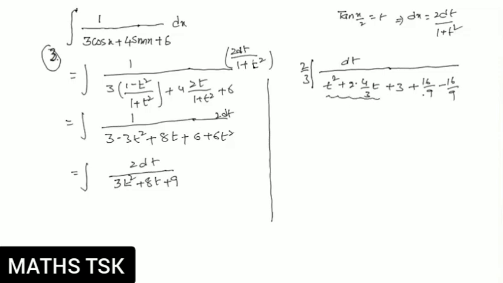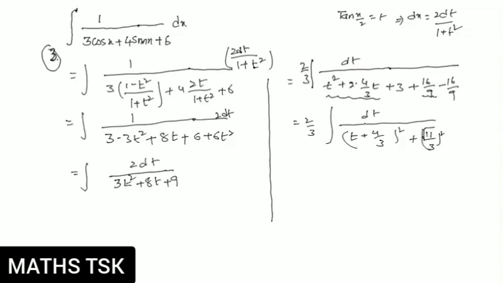You look into these terms, it is nothing but integration of dt by t plus 4 by 3 whole square, and then the remaining is 3 minus 16 by 9, that is 27 minus 16, which is 11 by 9. 11 by 9 can be written as root 11 by 3 whole square.